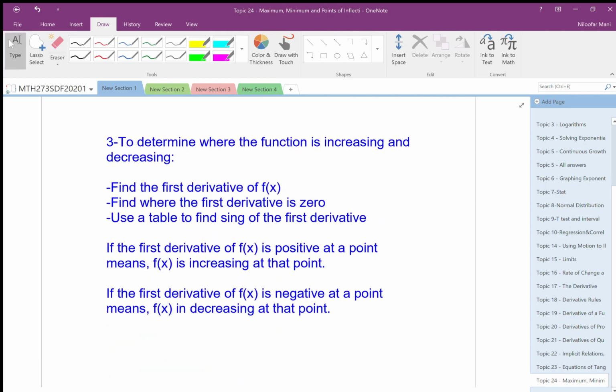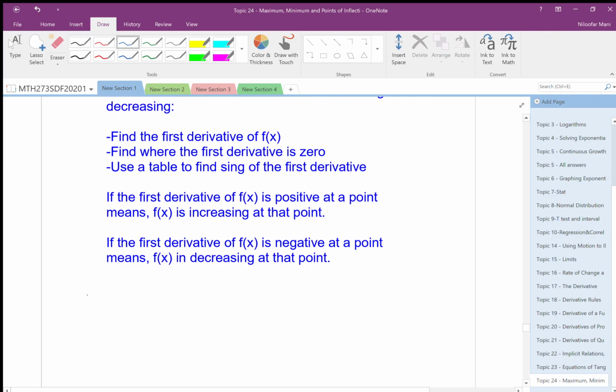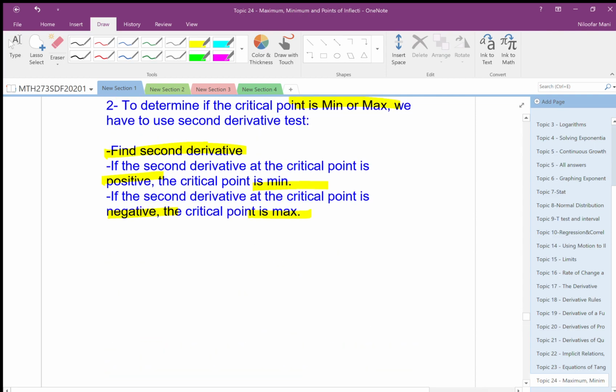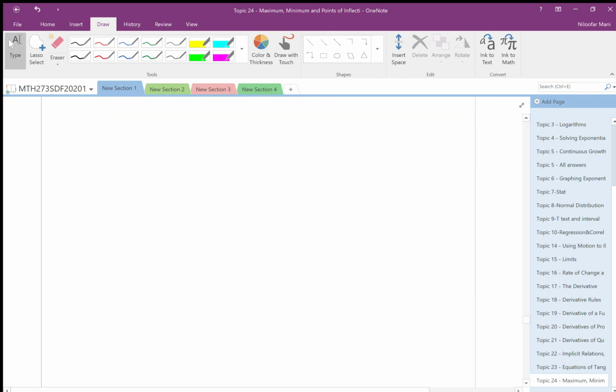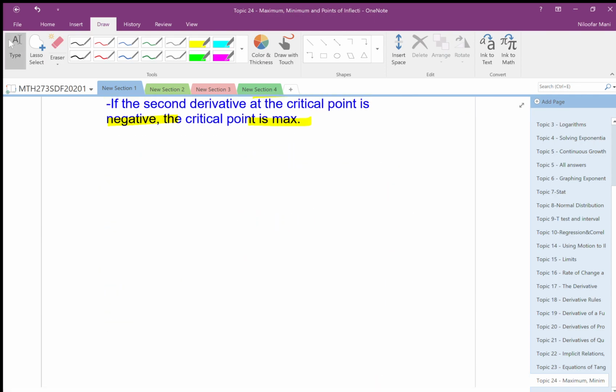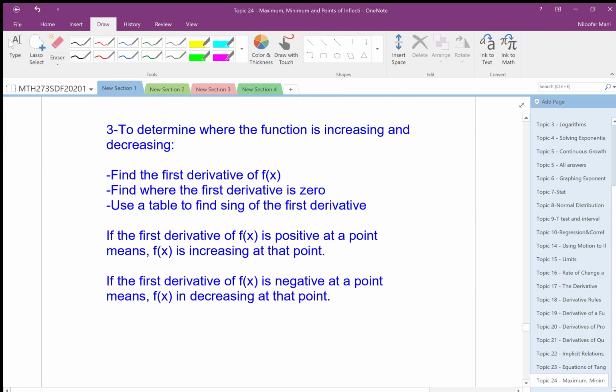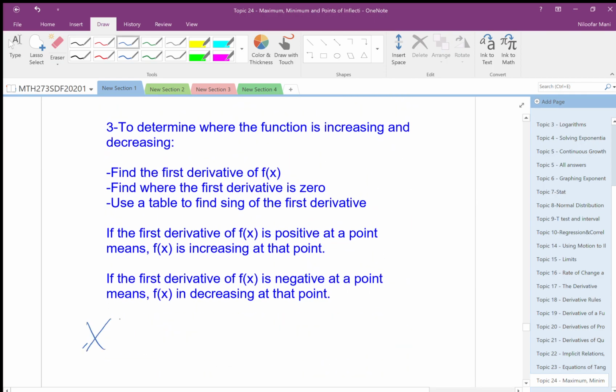How about increasing and decreasing? I find the first derivative and see if it changes from positive to negative or negative to positive. Then I can say increasing or decreasing. So my function is x cubed minus 3x, right?